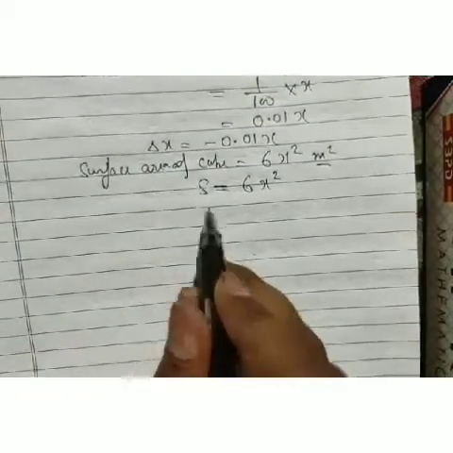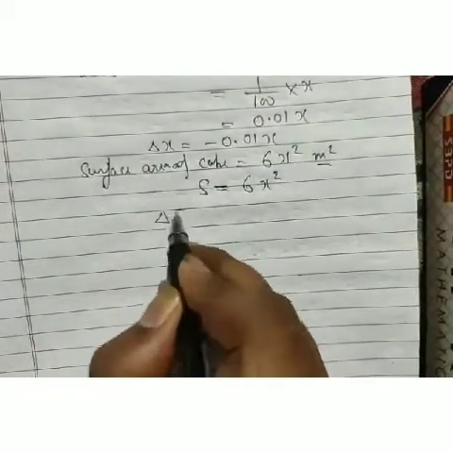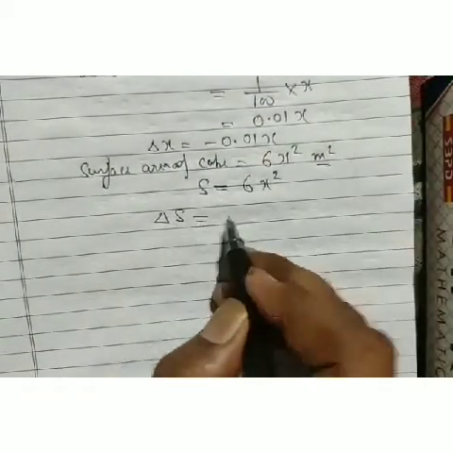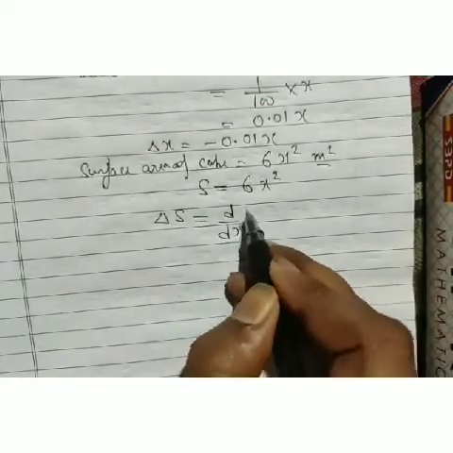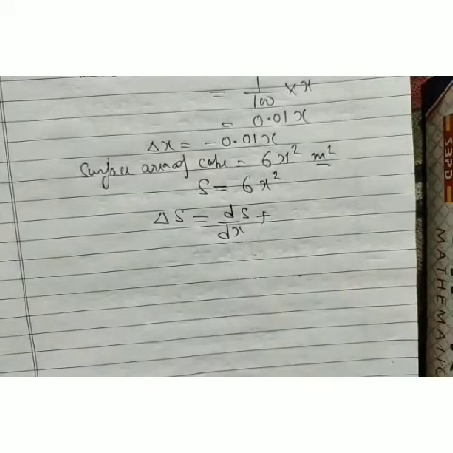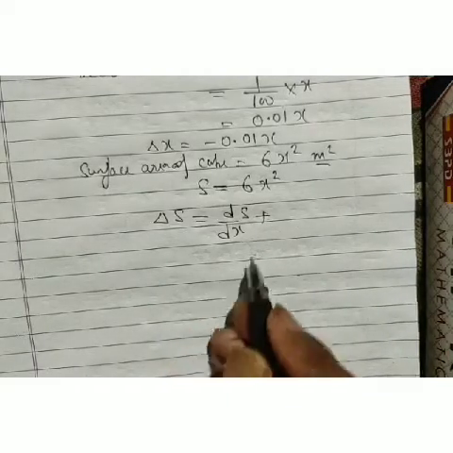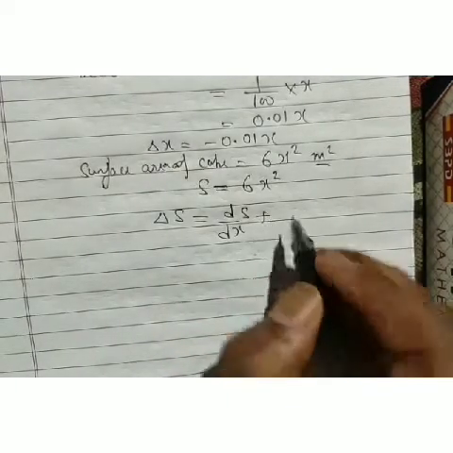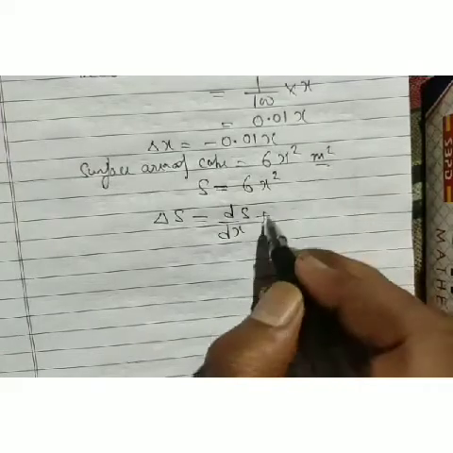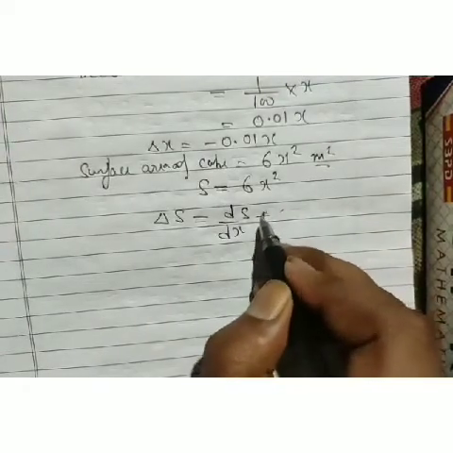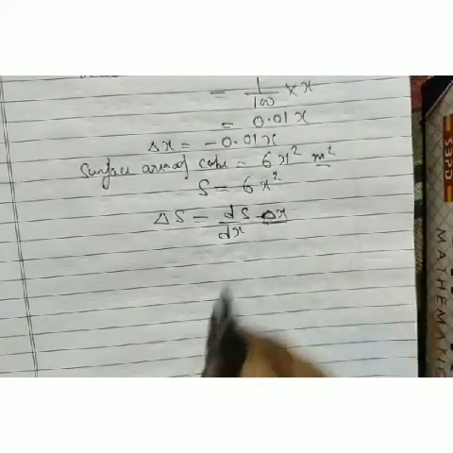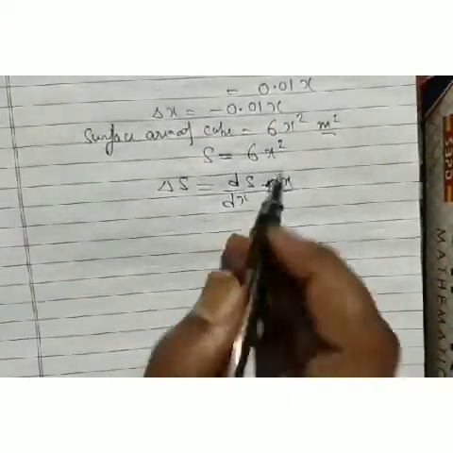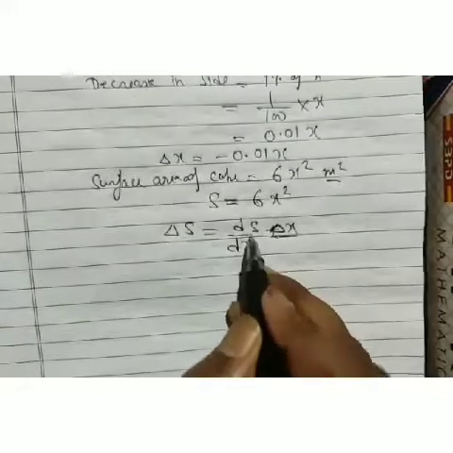Now we have to find what? We have to find del s again by definition. How do we get del s? It's ds/dx of s into del x, by definition. Now what is our ds/dx?